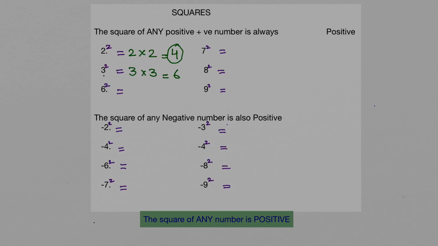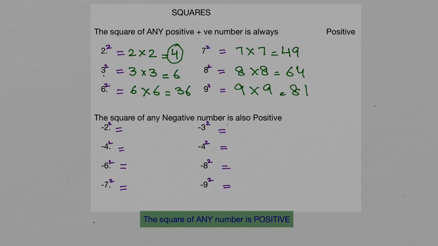Similarly, 6 square would be 6 times 6, 36. 7 square would be 7 times 7 equals 49. 8 square would be 8 times 8, 64. And 9 square would be 9 times 9, 81.